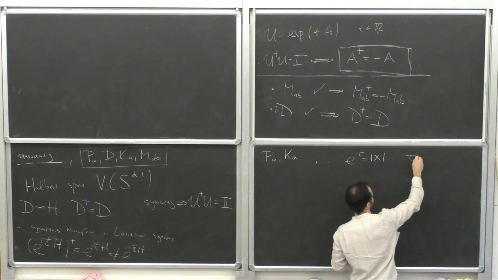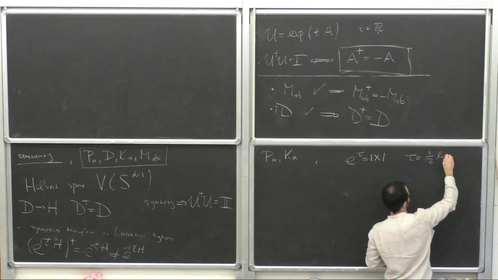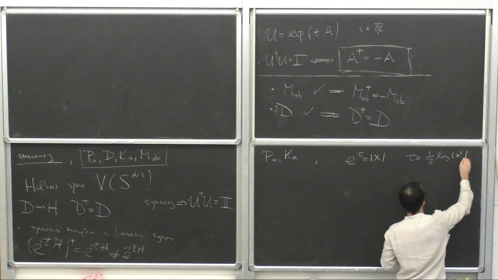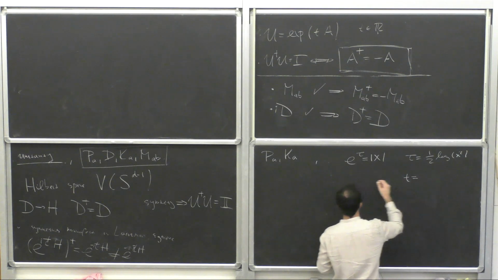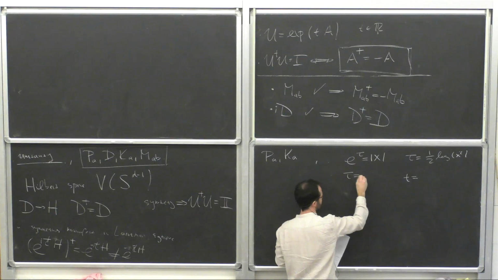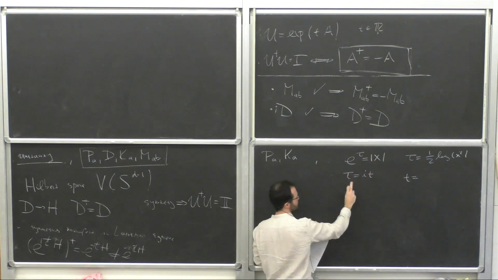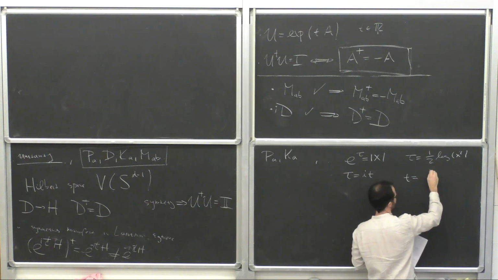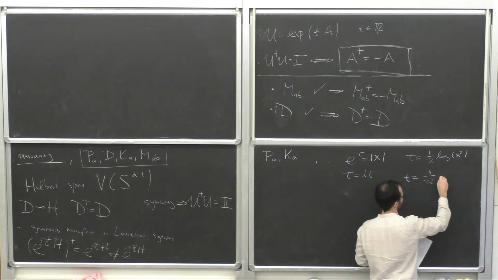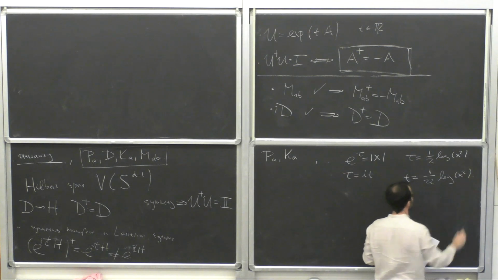So τ is 1/2 of the logarithm of x squared. What's the relation between Euclidean time and Lorentzian time? Euclidean time is τ, Lorentzian time is t. So Lorentzian time is 1 over 2i log x squared.